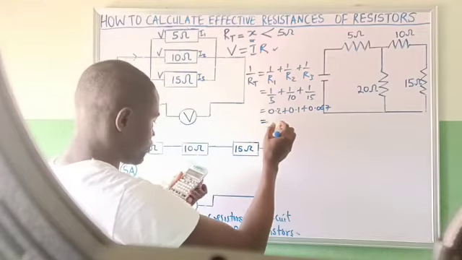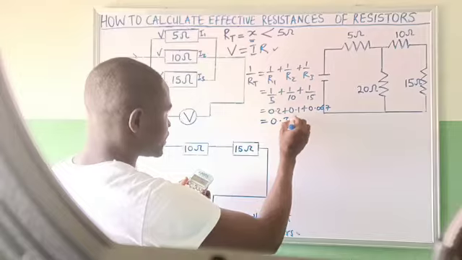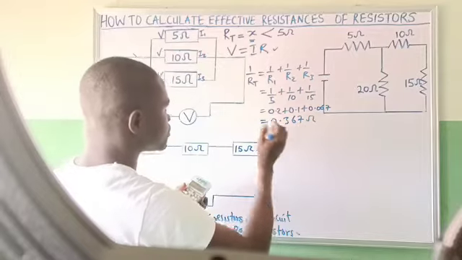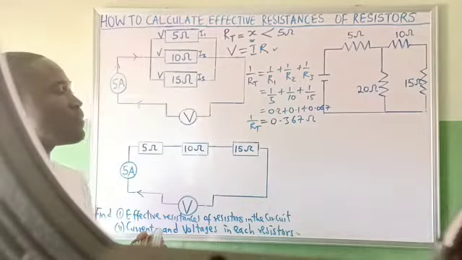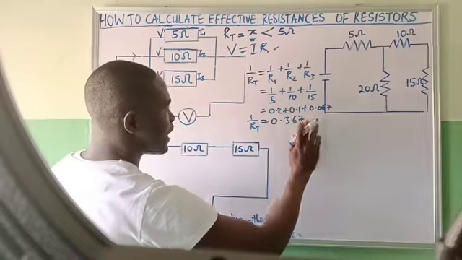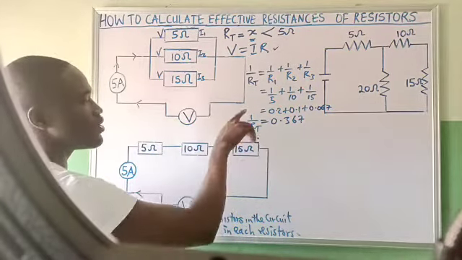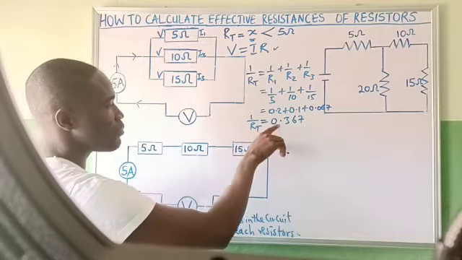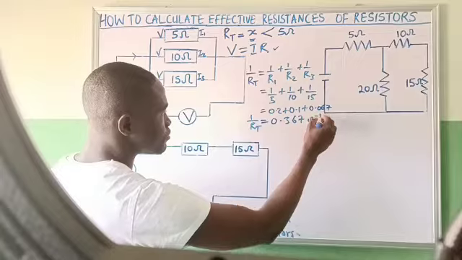Everything will give you 0.367. That is 1 over RT, that is 1 over RT equal to 0.367 per ohm.